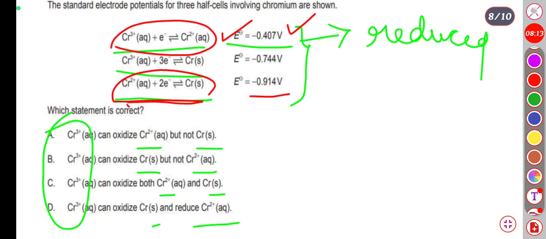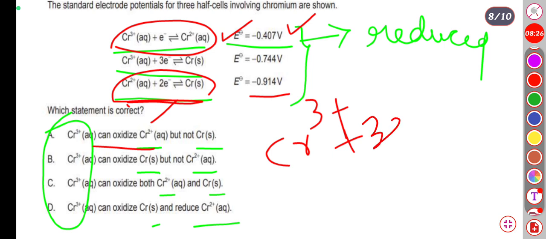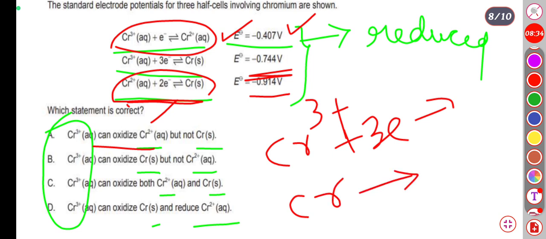So chromium 3 plus can oxidize chromium 2 plus. In the same way, try to do it for chromium. For that, chromium 3 plus plus 3 electrons gives chromium, which is minus 0.744, whereas for chromium to chromium 3 plus, you just have to flip the potential, changing it into chromium 3 plus plus 3 electrons.